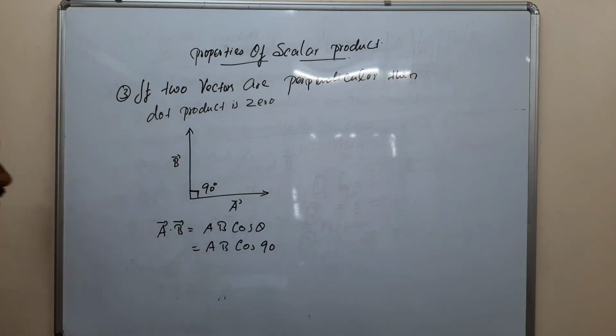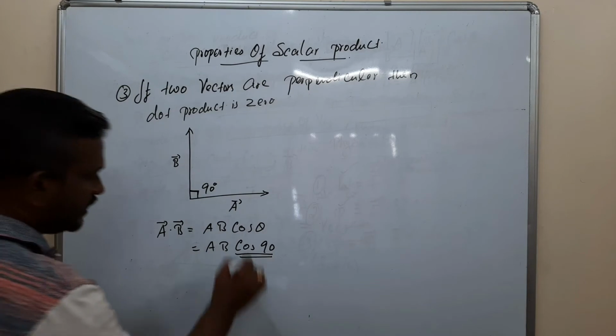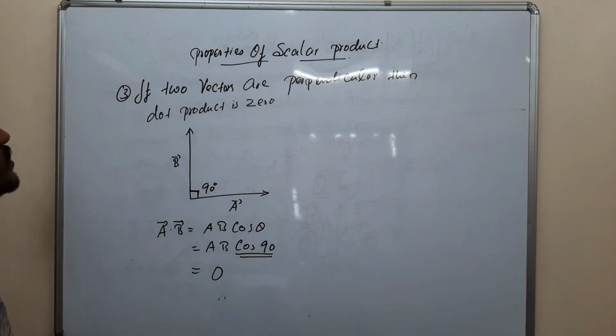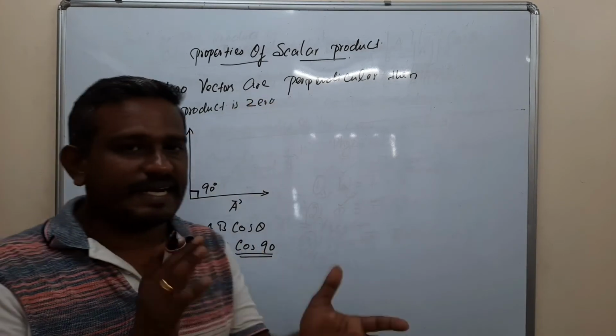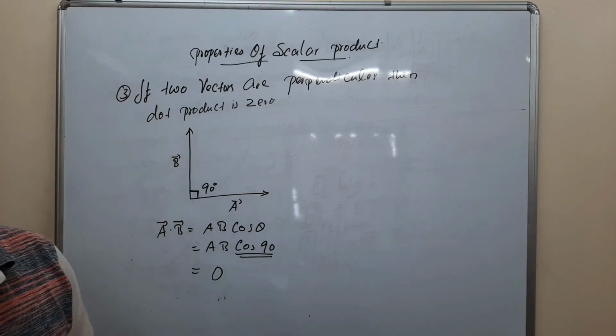Cos 90 is 0, so in total it is 0. That's why if two vectors are perpendicular, or inclined at an angle of 90 degrees, the dot product is 0.